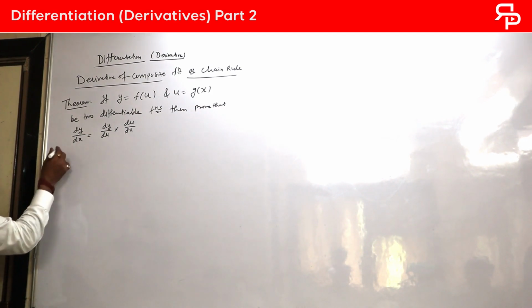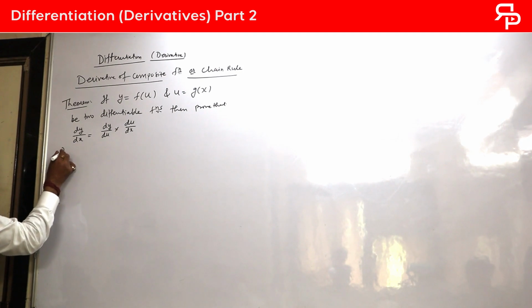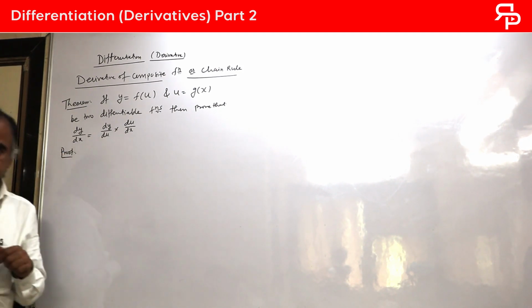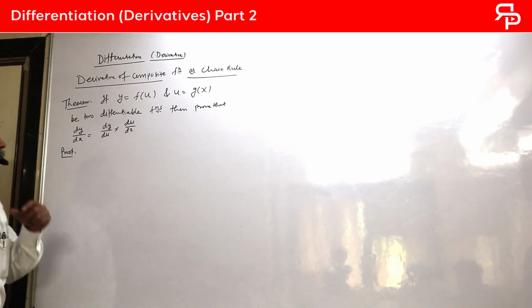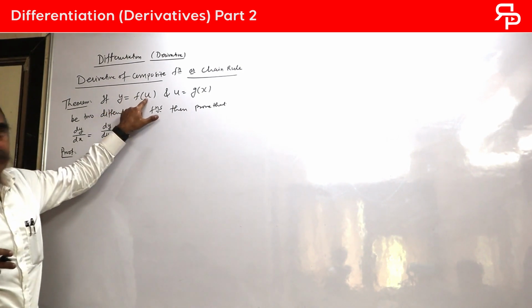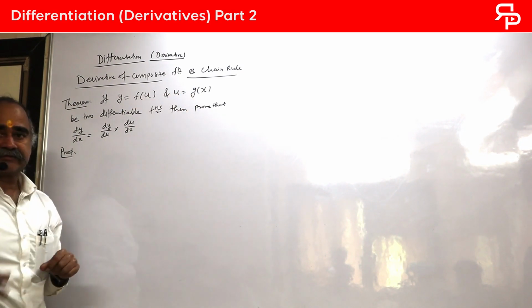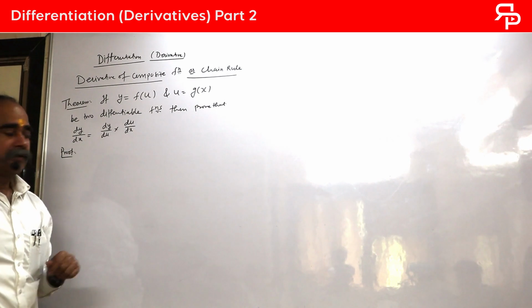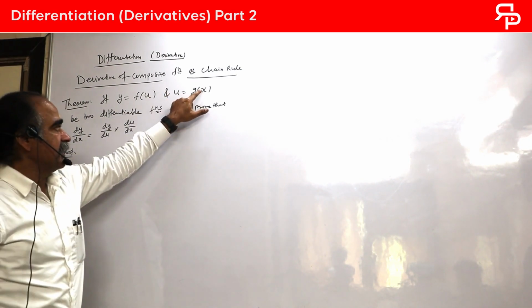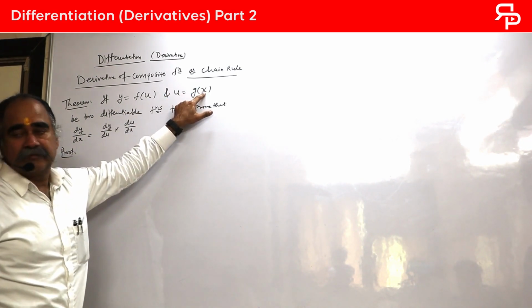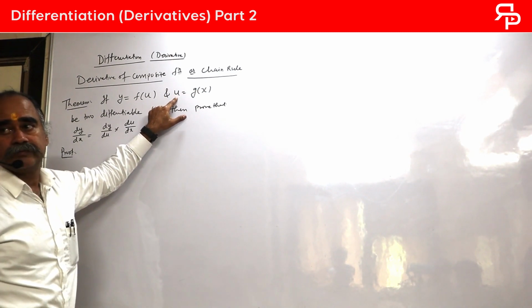See the proof. Look here. Y depends upon u and u depends upon x. So if there is increment delta x in x, there will be increment delta u in u.